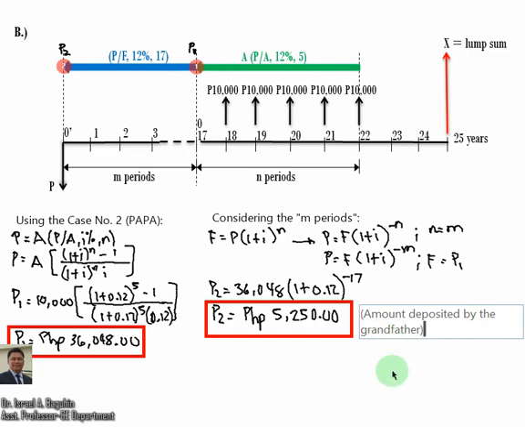So this is just one method of solving this value of P, which is referring to the amount deposited by the grandfather.